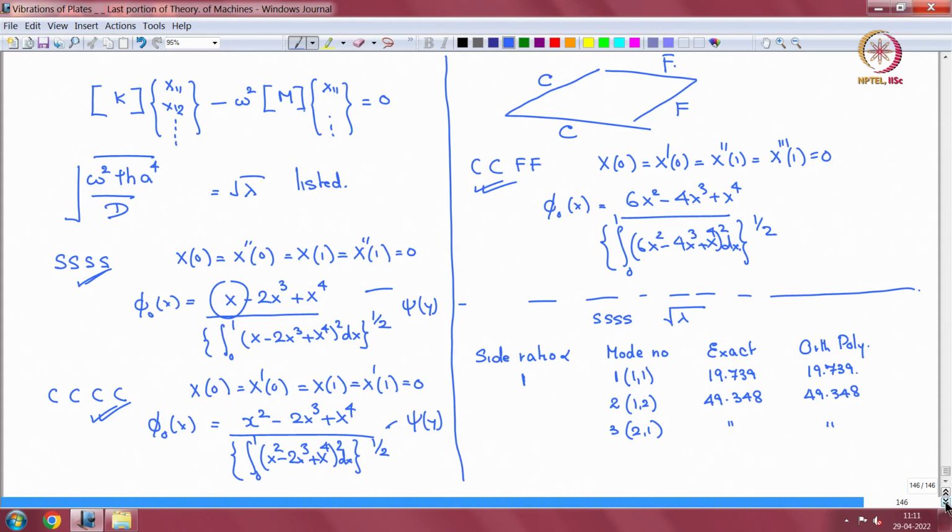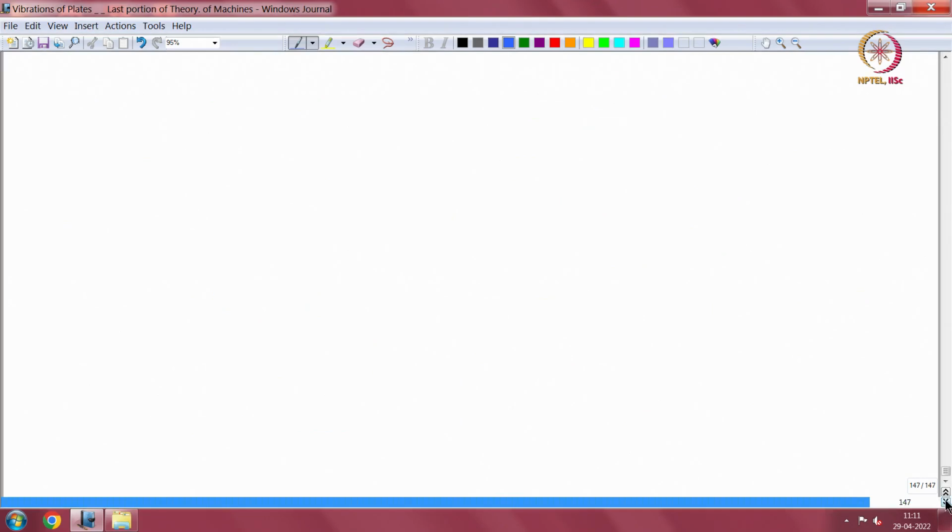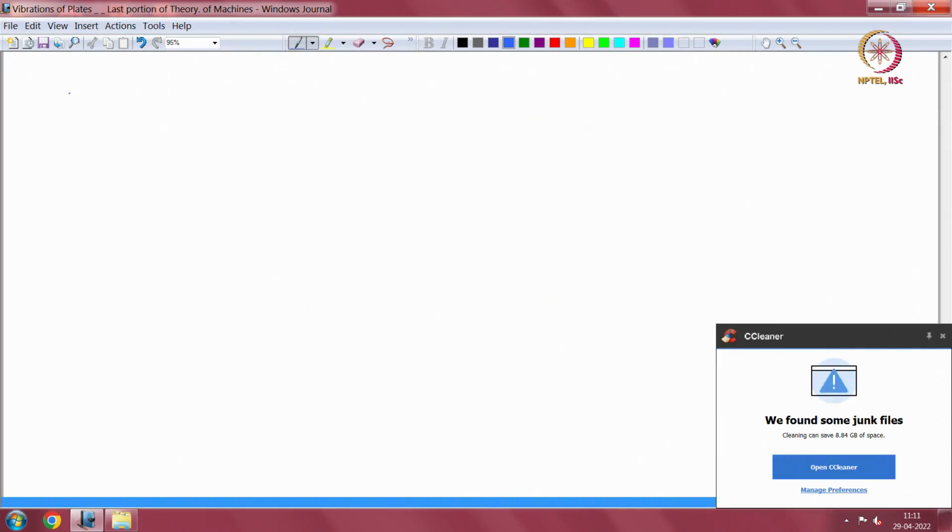Now if we do it for another side ratio, say 2.5, the first mode, 1,1, is 71.555, and this is also 71.555.